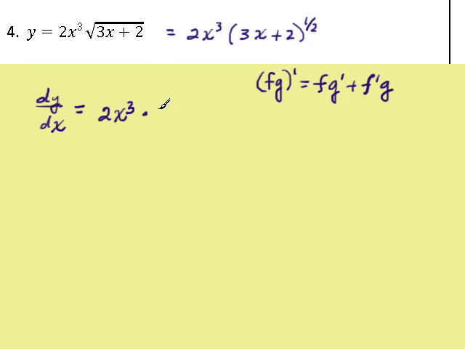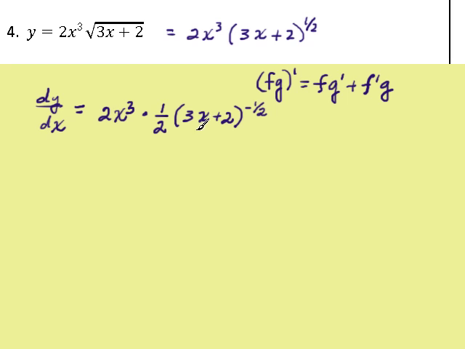So the outside would just be power rule: bring down the 1/2, copy the inside over exactly as is, and then we have 1/2 minus 1, which is 1/2 minus 2/2. So we have a minus 1/2 over here. And we're not done with the chain rule yet.